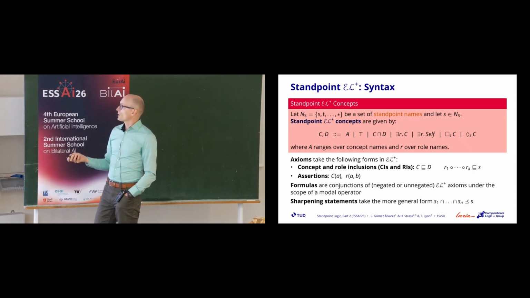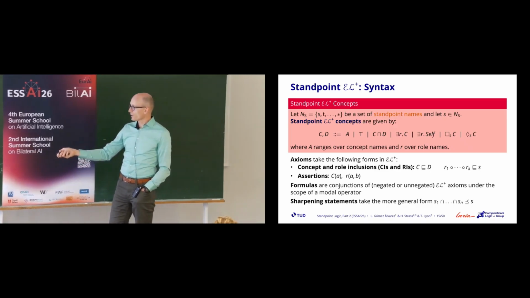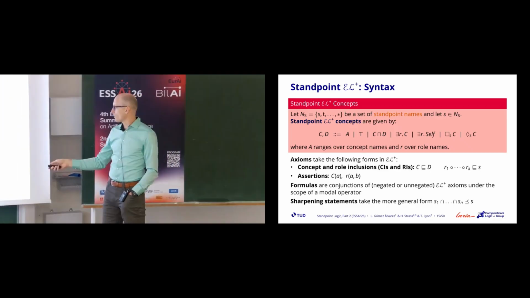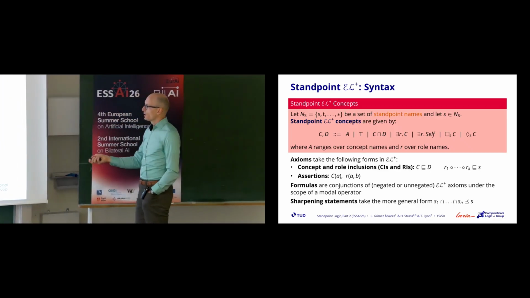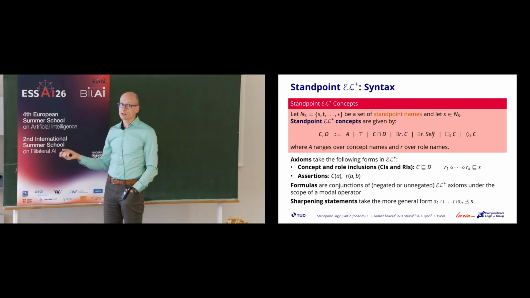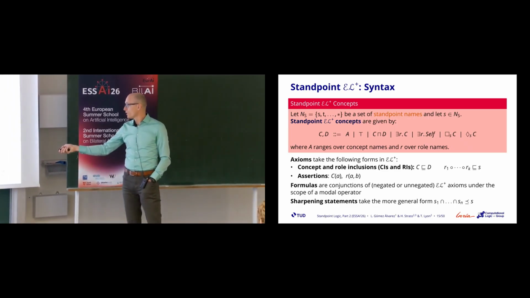We also have sharpening statements. So previously, what you have seen as sharpening statements was always of the form S is sharper than T, for example. Here, we have a more general form where we allow to intersect standpoint names.